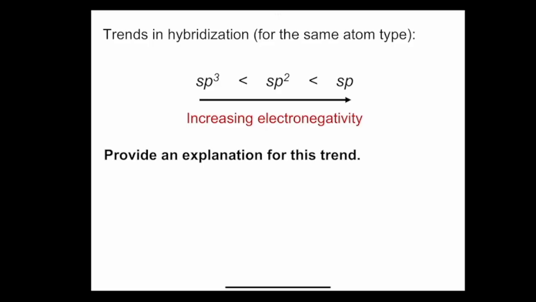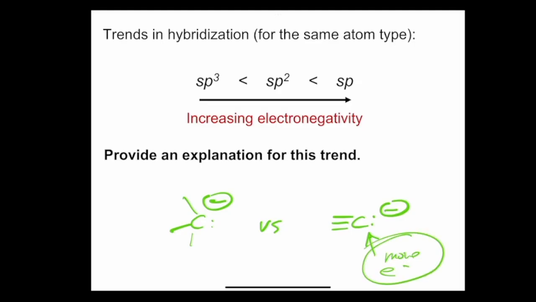What this means is if I had a carbon that was sp3 hybridized, negatively charged, versus a carbon that was sp hybridized, this guy is more electronegative because it is an sp hybridized charge. They're both carbon, but since the hybridization is different, that's going to help us.